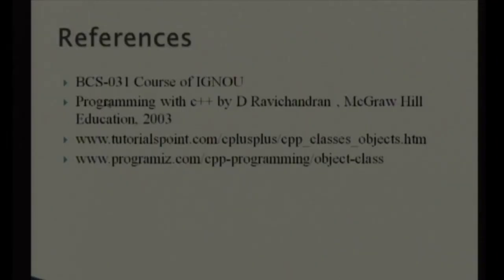So, these are the references which you can refer to for this lecture, and you can even go to some tutorials which are very beautifully written on the net. These two tutorials are the references I have used for discussion with you, and the programming book which I have referred to for this lecture is the D. Ravichandran programming book.